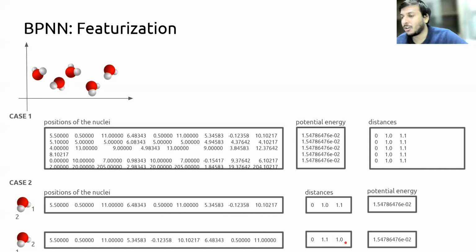Again, you don't want your model to change when you make these kinds of permutations or flips, right? And in this case, again, we have an issue that the potential energy is exactly the same because all you've done is flipped your atoms. So how do you transform this into something which will not change once you change your atoms or perform this permutation?